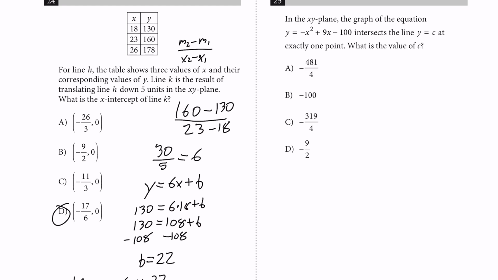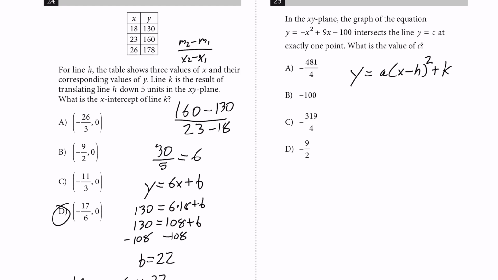All right, so for question 25, in the xy plane, the graph of the equation y equals negative x squared plus 9x minus 100 intersects the line y equals c at exactly 1 point. What is the value of c? So we're going to need to put this equation in vertex form, that's of the format y equals a times x minus h squared plus k.